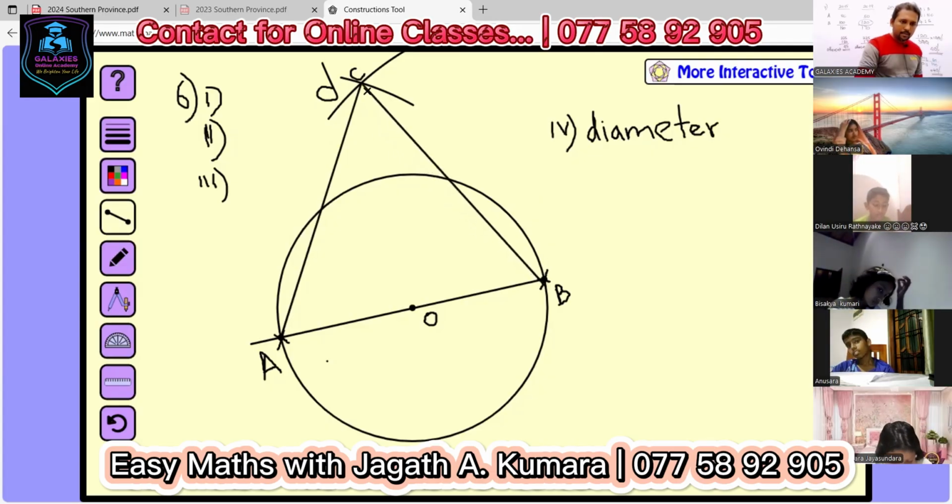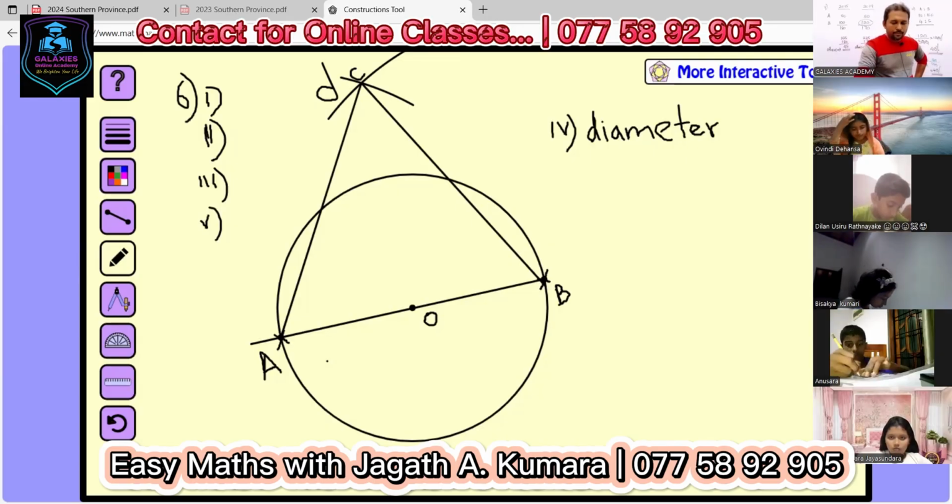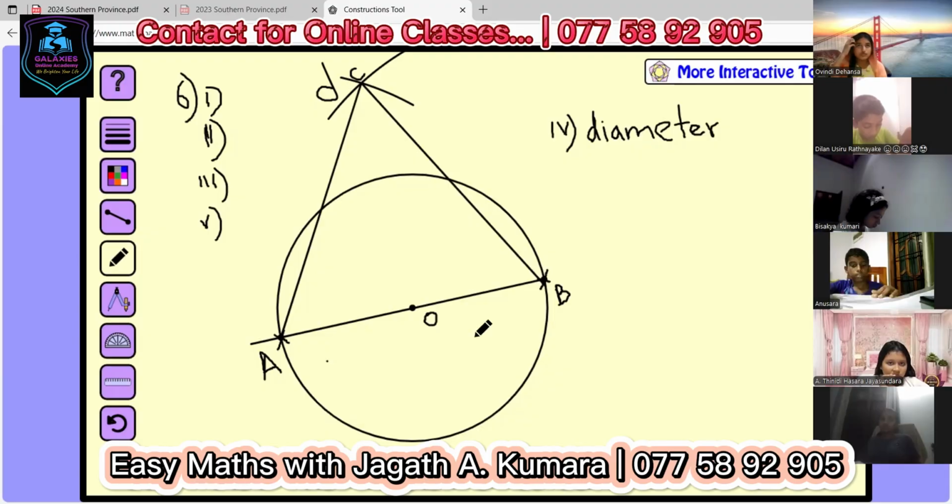This is the equilateral triangle. It is Roman number 5. Then another two subparts given of this question, no? Another two subparts.